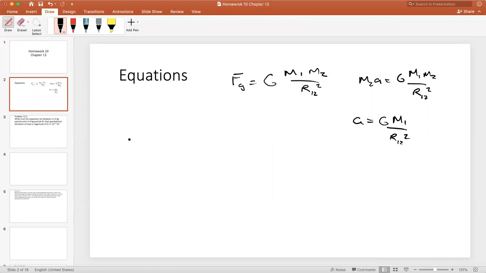Then we learned Kepler's laws. In Kepler's laws, we had an elliptical orbit, where A, and there was the perihelion and the aphelion, and at the foci was the big M. Big M is at the foci, little m is what is rotating around.